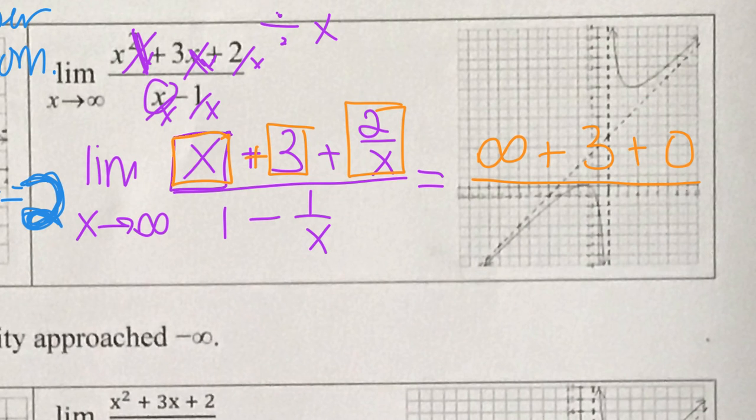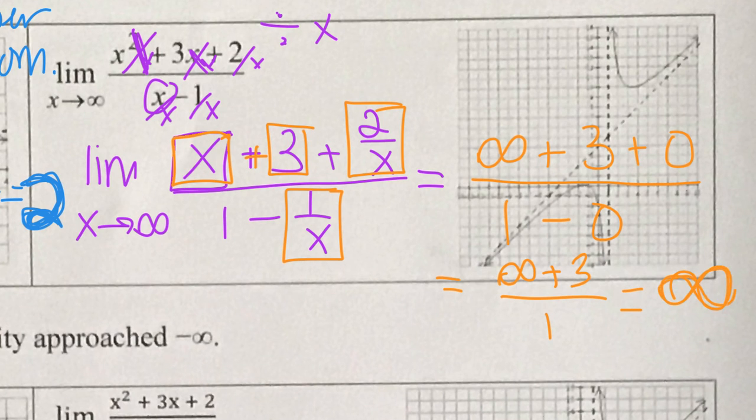And on the bottom, the limit of 1 is 1, and 1 over x goes to 0, so it's 1 minus 0. So that gives us infinity plus 3 divided by 1, which is infinity. Okay, so as the limits of this function, as it goes off to the right, the y values are going up to infinity.